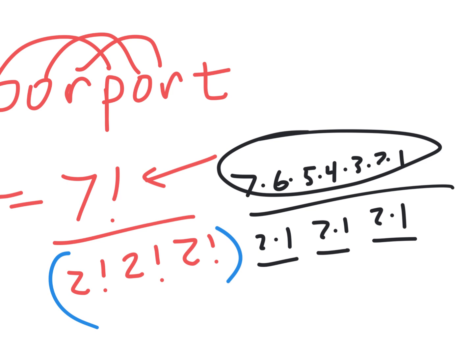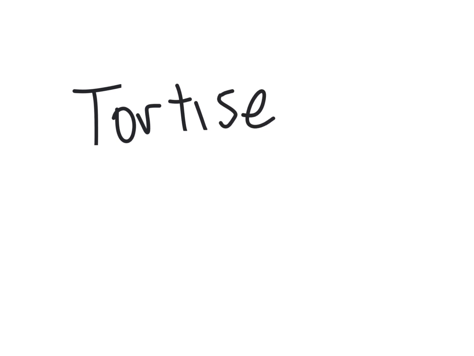Now, let's do another word. Tortoise. Any repeat letters? Yep. 7 letters, 7 factorial, over what? 2 factorial, because there's only 1 repeat and there was 2 of them.